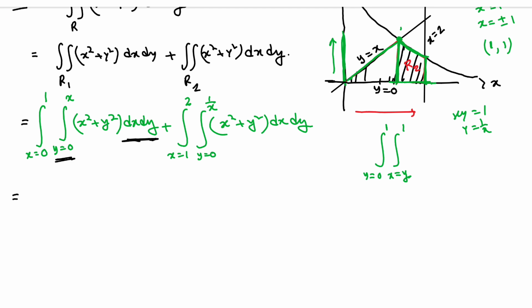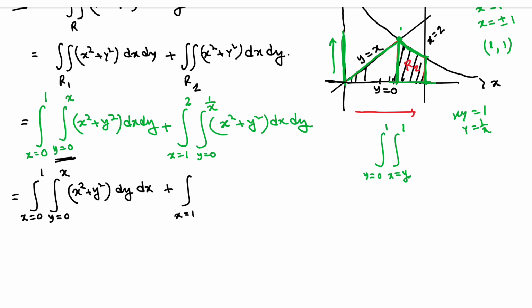So this is equals to the integration x equals 0 to 1, y equals 0 to x, of x square plus y square dy dx, plus x equals 1 to 2, y equals 0 to 1 by x. Again the first integration is with respect to y, so we have to change the order, x square plus y square dy dx.